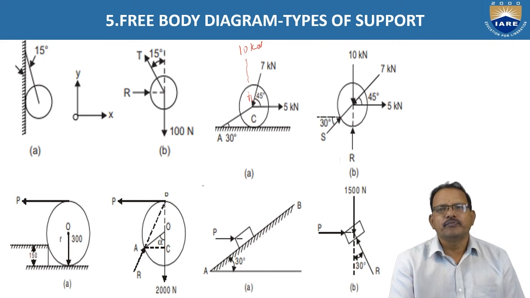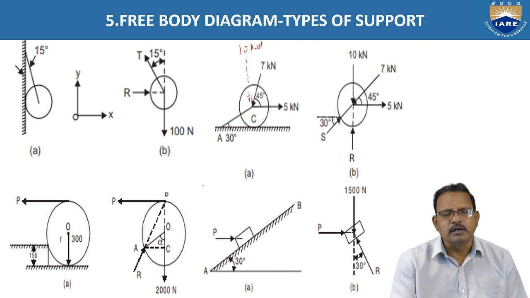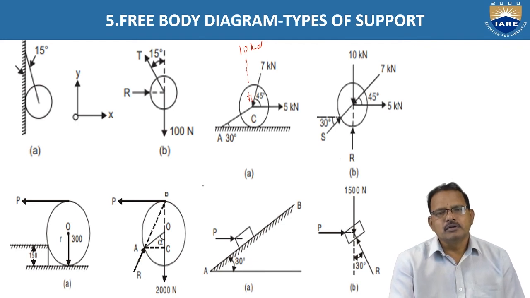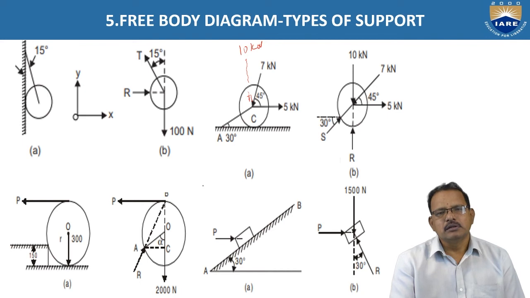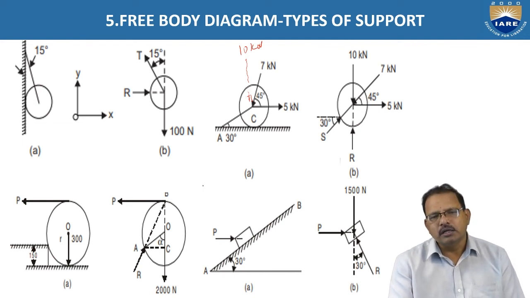And the tension in the rope is always along its axis and away from it. So by using equilibrium conditions, we can determine the magnitude as well as the direction of the force which is acting in a rope.